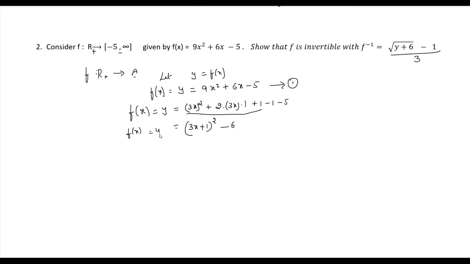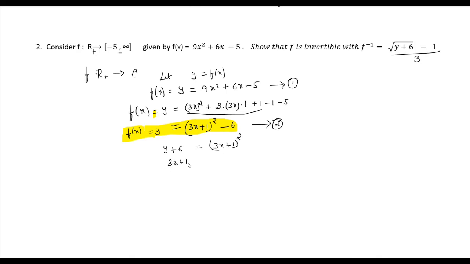f of x is equal to y. This is equation 2. So, henceforth, whenever I have to consider the function f, instead of considering equation 1, I will be considering equation 2. Both are same equations, but in the second equation, the form is changed after completing the square. So, now let us simplify this for x, which will be y plus 6 equal to (3x plus 1) whole square.